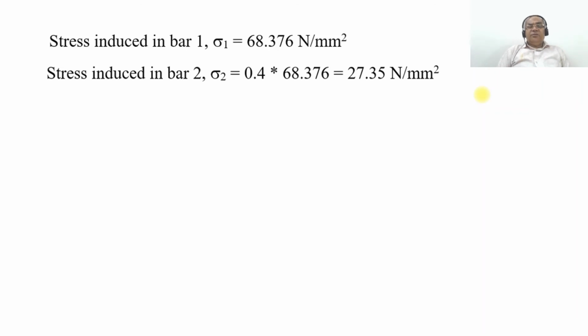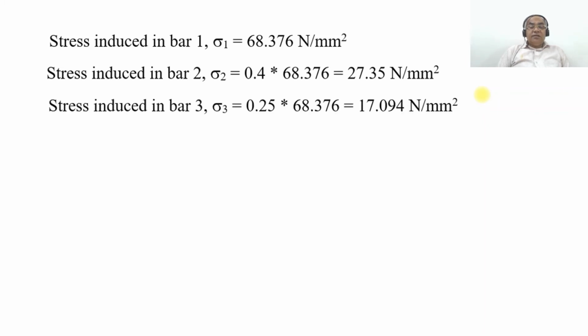On simplification, you are going to get it as 27.35 Newton per mm square. Similarly, stress induced in the bar 3, which is sigma 3, will be equal to 0.25 into sigma 1. So 0.25 into sigma 1 value is 68.376. On simplification, you are going to get it as 17.094 Newton per mm square.